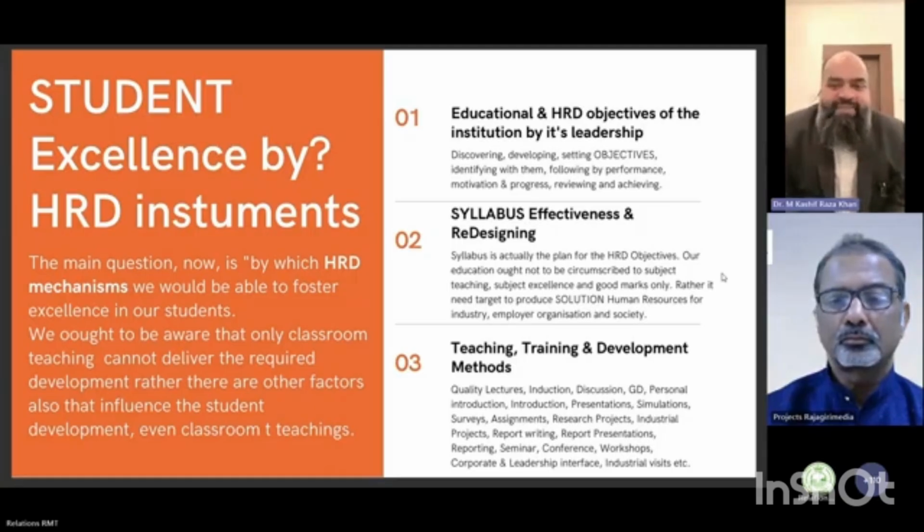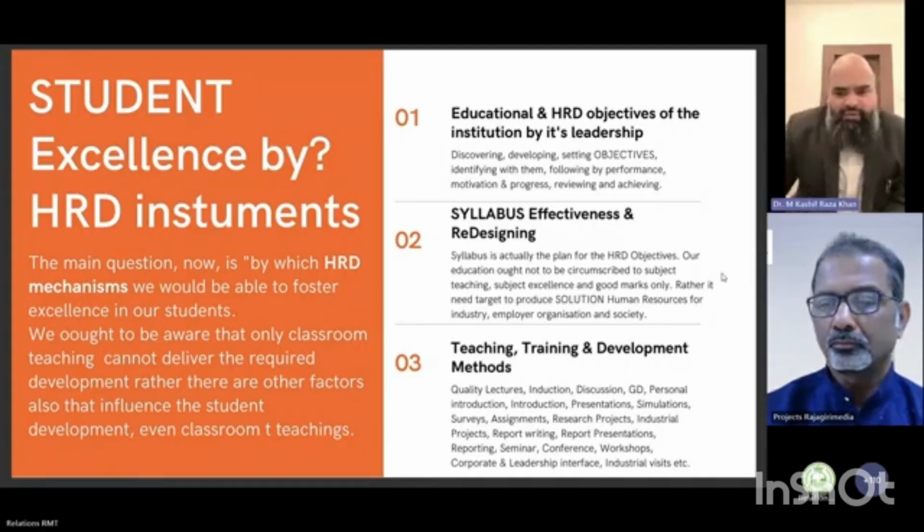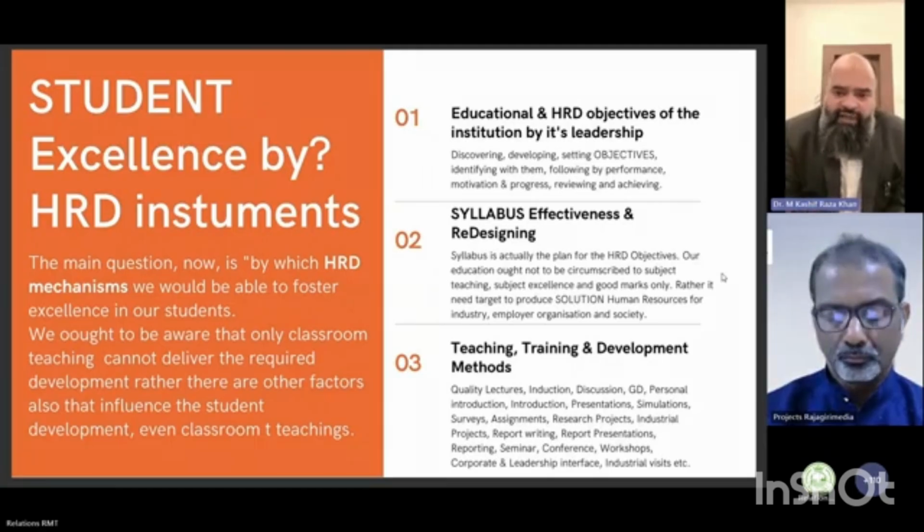I would move ahead. The second HRD instrument is the traditionally understood component, syllabus. Syllabus is the main component that is understood by all. Syllabus is actually the plan of HRD.